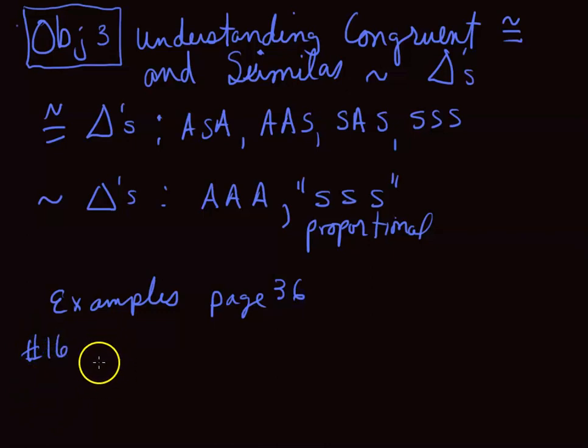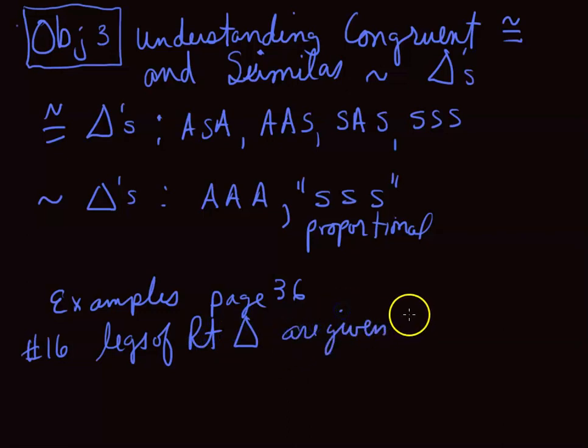So, once again, how do you get 4 steps out of some of these? That's why I want to use some of these examples to help say. See, the legs of a right triangle, and you can use some shorthand, are given. Find the hypotenuse.